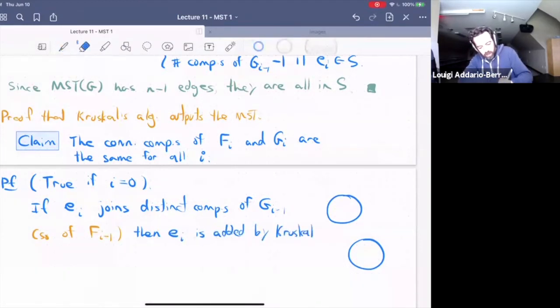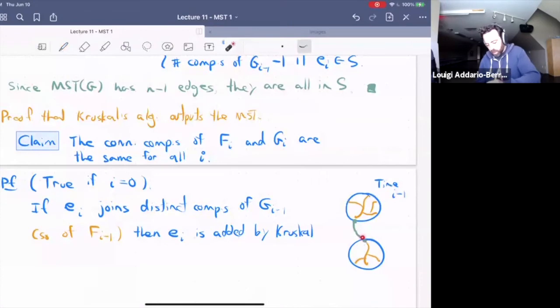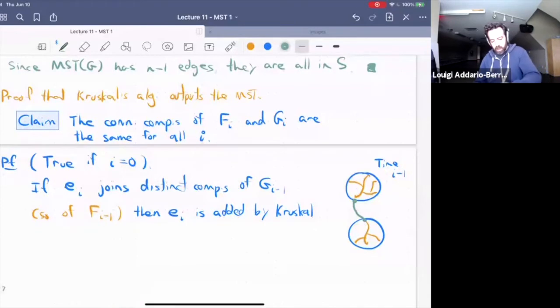If you imagine these blobs are the components of G, and Kruskal's has been going along building some trees, this is the picture at time i minus 1. At this time, we know that the component sets are the same for both, and then this edge e_i comes along. It is connecting distinct components of both G and F, so Kruskal will add it, because Kruskal adds an edge whenever the edge joins distinct components. Okay, so that maintains the equality. So the components of G_i are the same as the components of F_i.